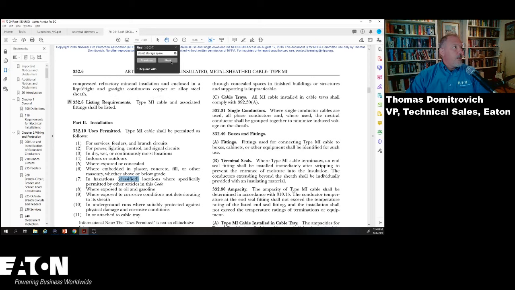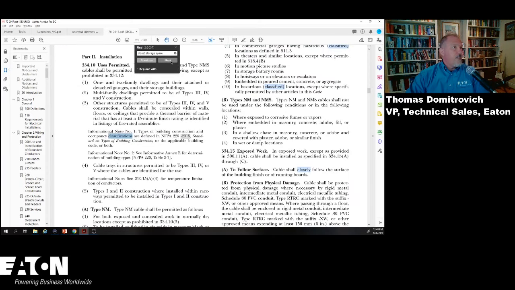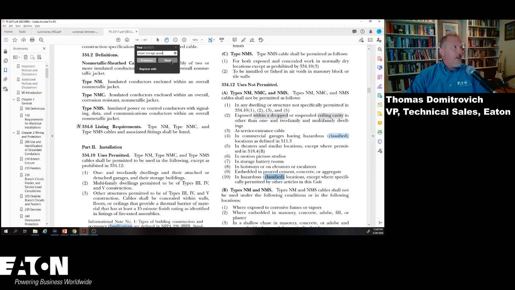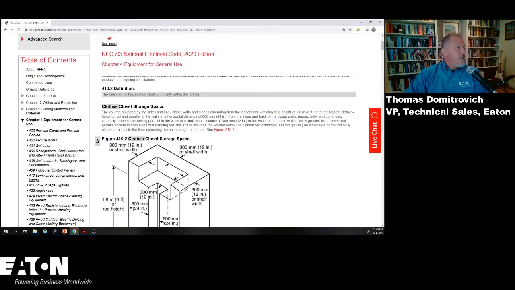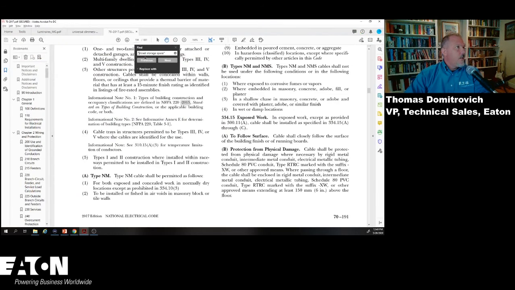It got classified out of closet storage space. I don't know how I get classified out of closet storage space. Let me put this in quotes. I love Adobe, but closet storage space.